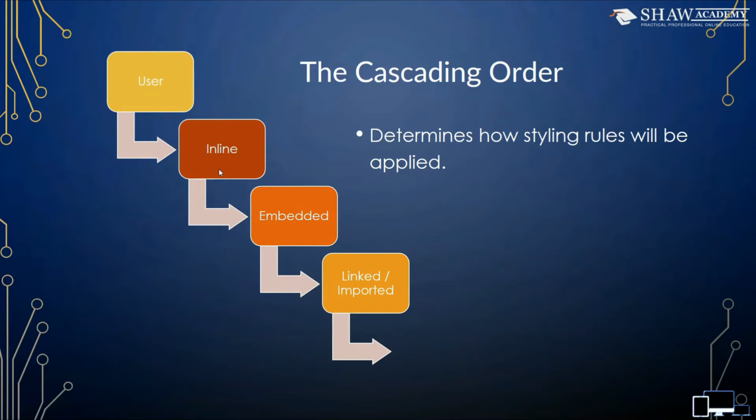Well then this kind of order works out really well, because that's eventually when you're going to start using inline styling. You've already done the development, you've done all your planning and followed your plan to the T, and then you get to the end, and your client wants you to change one small thing on one page. Well, it might be much easier to just go into the inline styling and add that one piece of code there. So that's how the cascading order can help us, so we don't have to mess around with our linked style sheets.